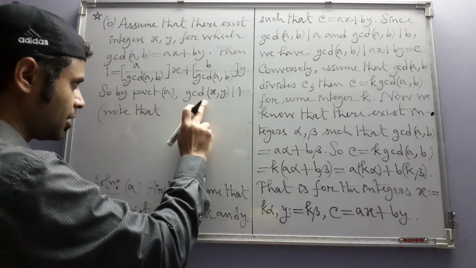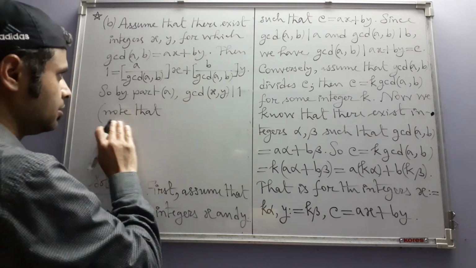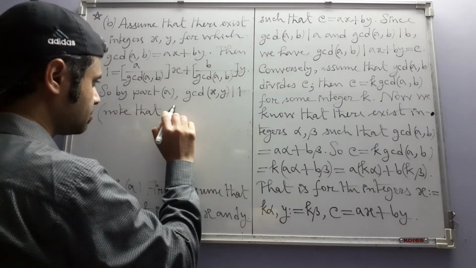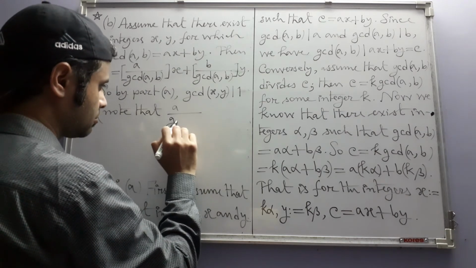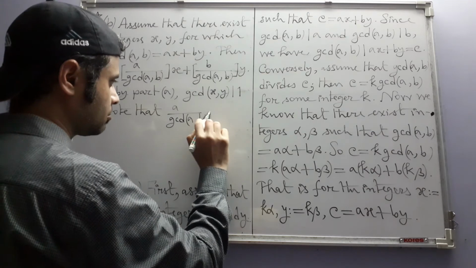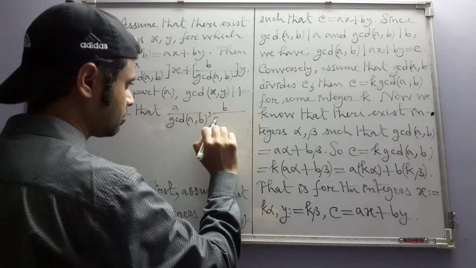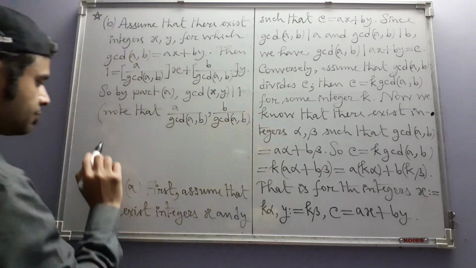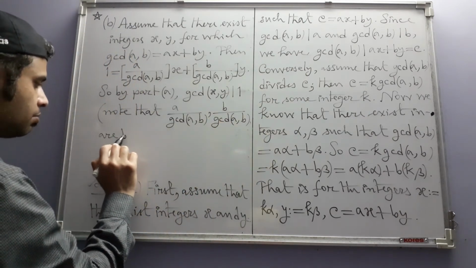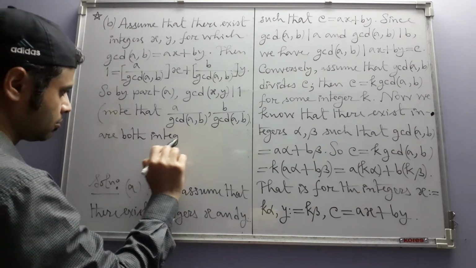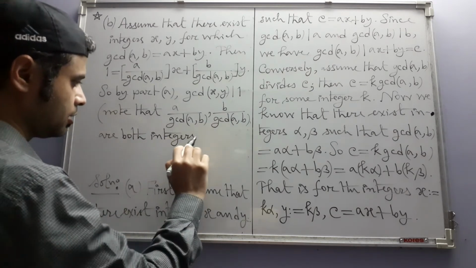So by part A we are getting this. Within brackets we write, note that these are both integers.